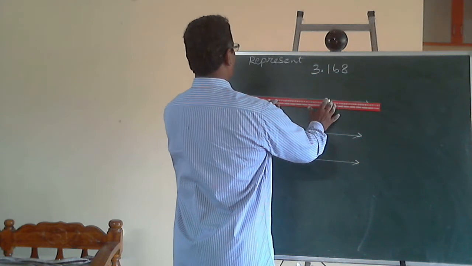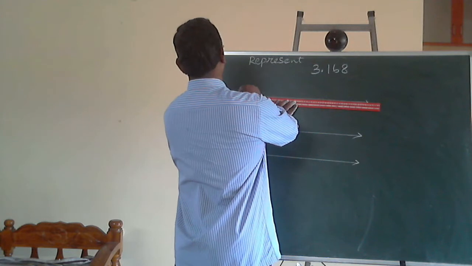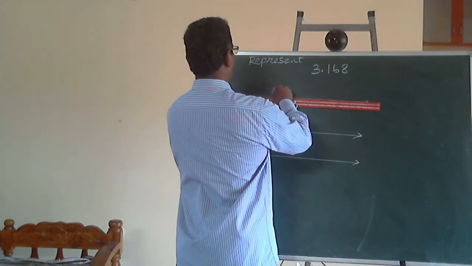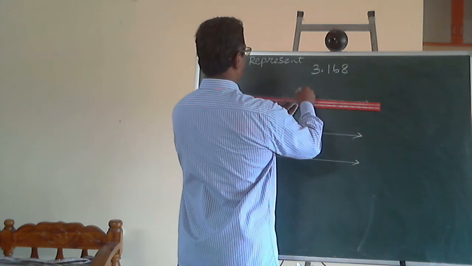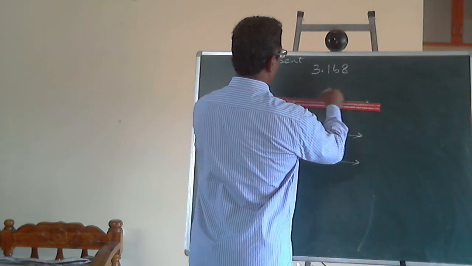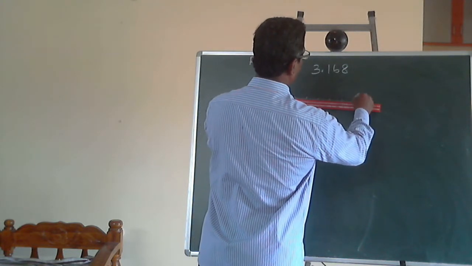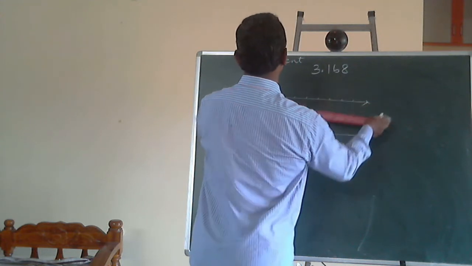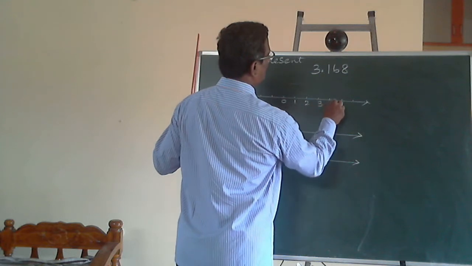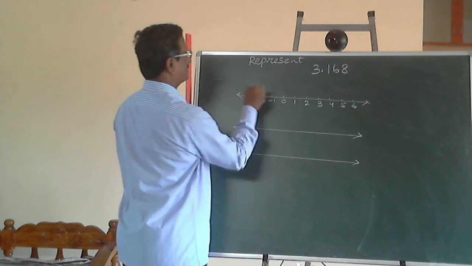We can say this either number line or integer line. Zero, 1, 2, 3, 4, 5, 6, minus 1, minus 2, minus 3.